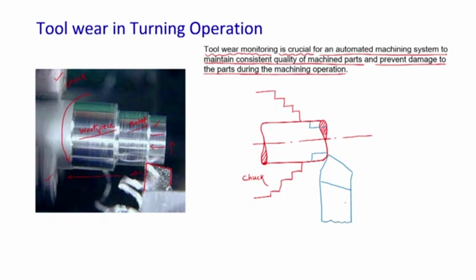This is the single point cutting tool. Generally it is made up of HSS, that is high speed steel, which is commonly used in tool rooms to process parts made of mild steel.